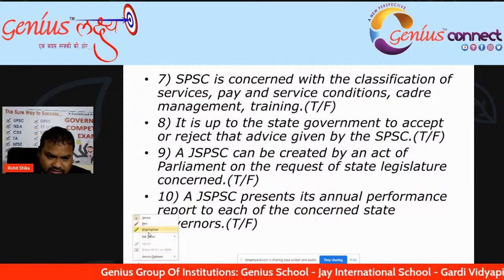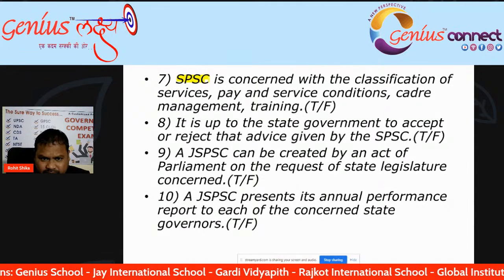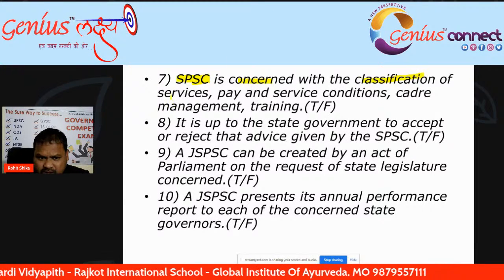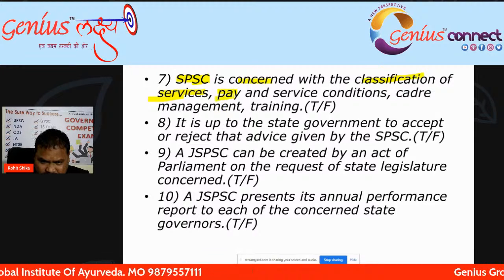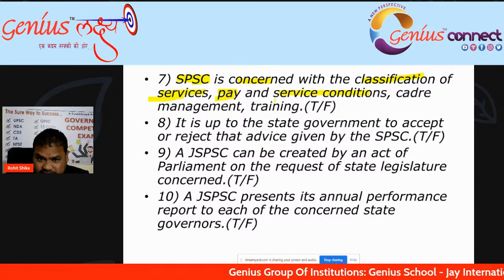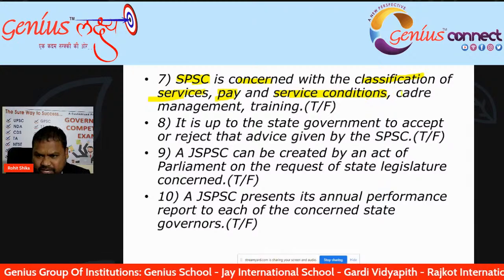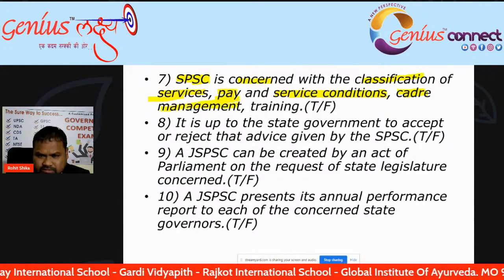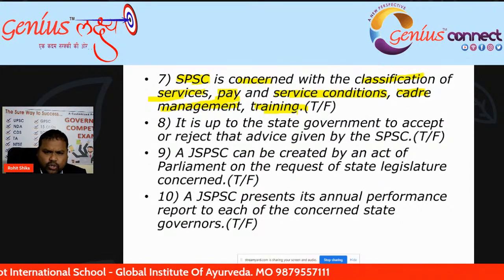Then the State Public Service Commission is concerned with the classification of services. It is concerned about the payment, service conditions, cadre management, training, etc. So, yes or no?